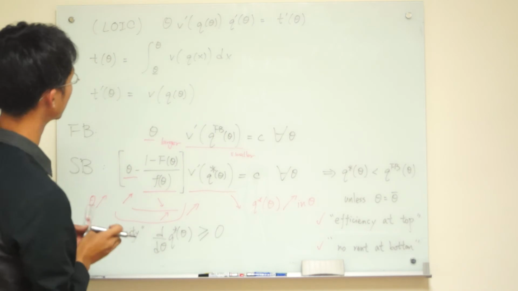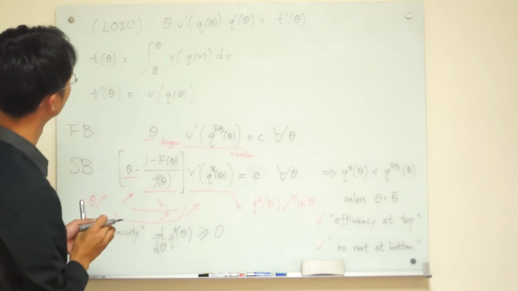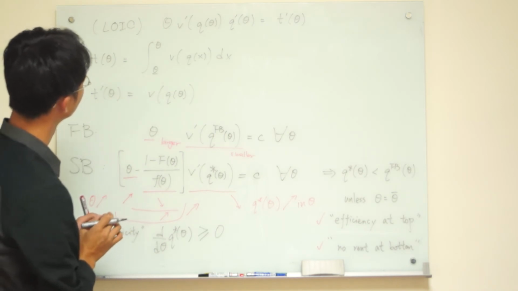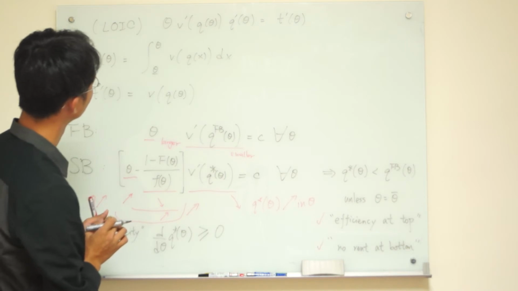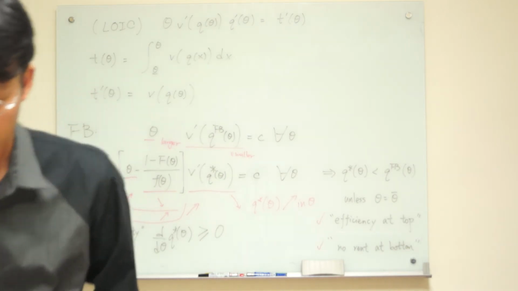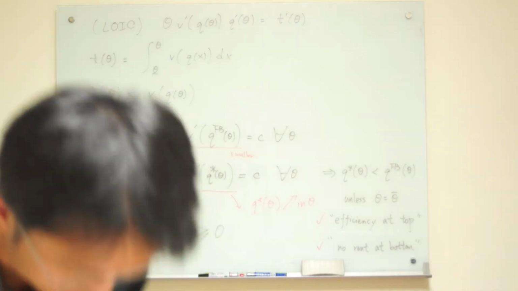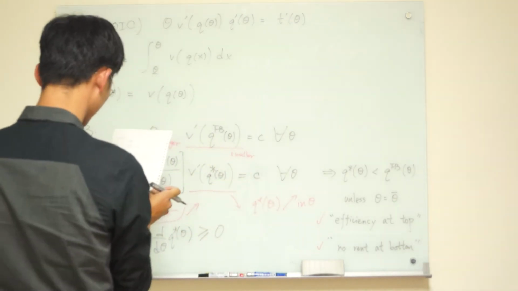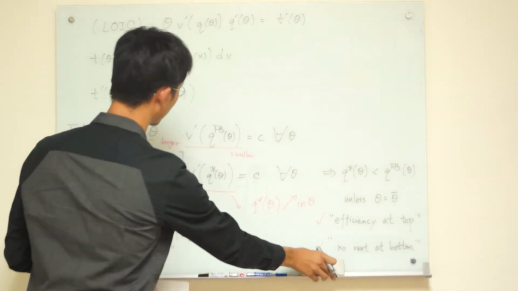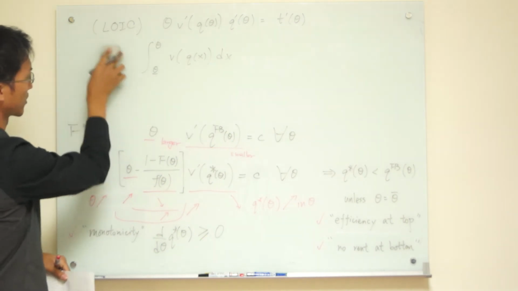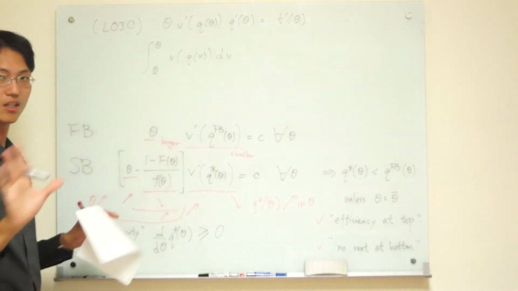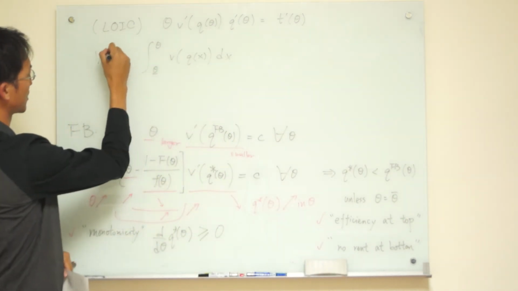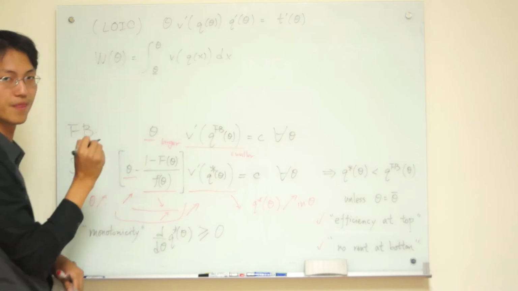Oh, no. Wait a moment. Oh, I made something wrong. I'm so sorry. Okay, let's go back and do that again. As you know, this term is not t. This is w. Okay.